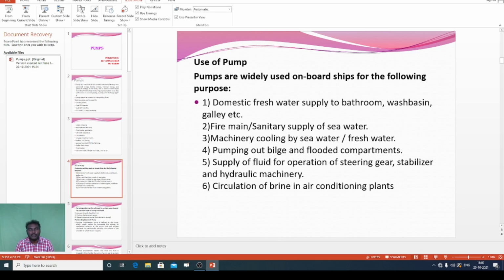These are all the widely used purposes of pumps on board ships.